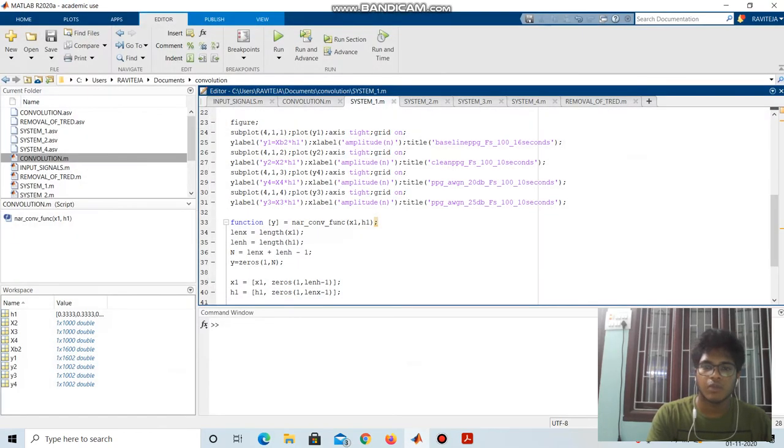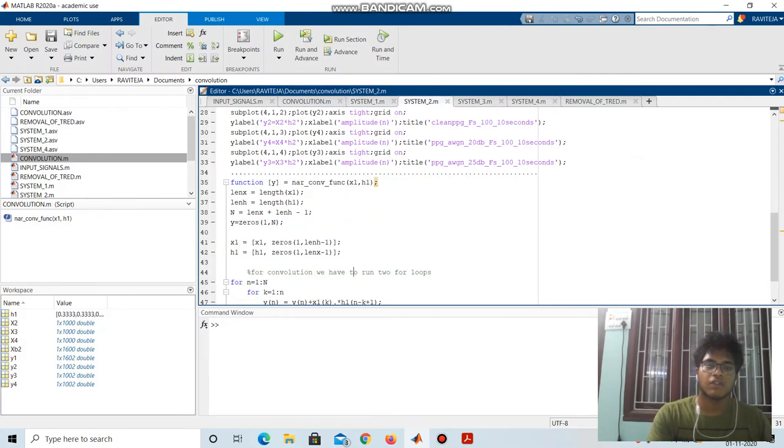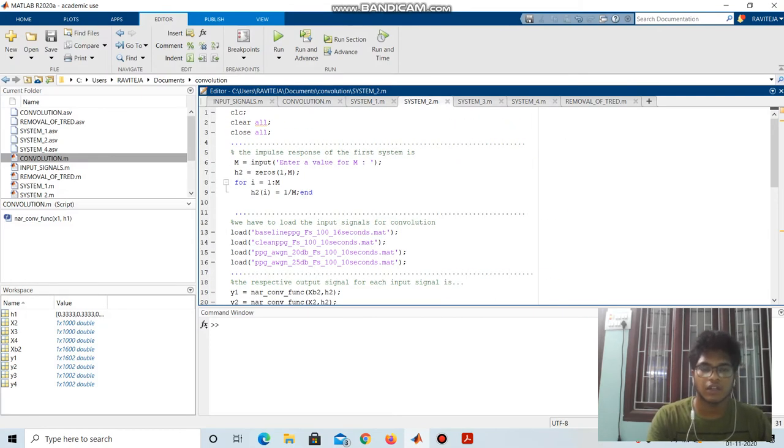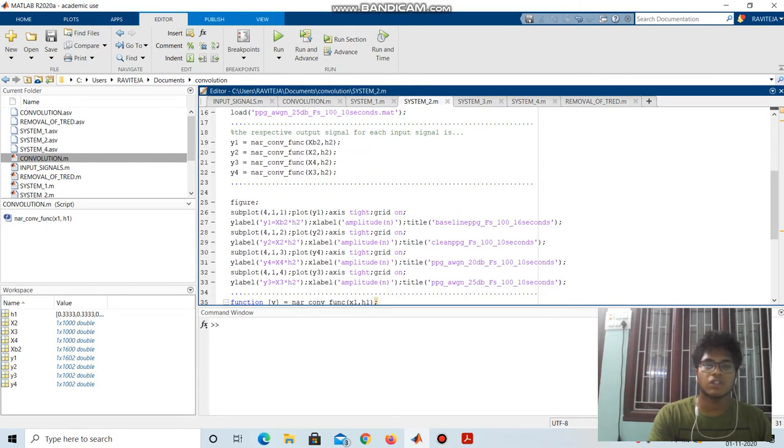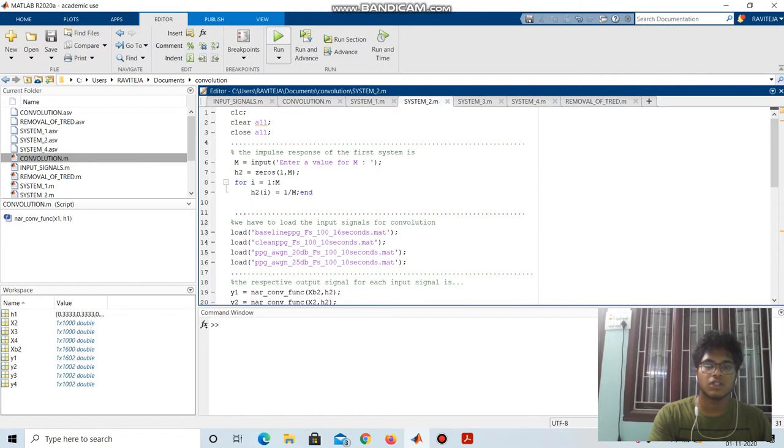In the same way, the convolution operation can be performed for the second system. For the second system, the impulse response is 1 by m of delta n, where m is given by the user, and we have loaded each of the input signals in a similar fashion to system one, and we have called the convolution function so that the convolution operation is performed.